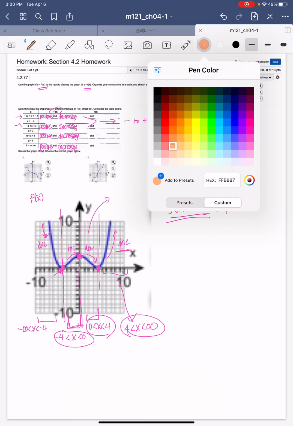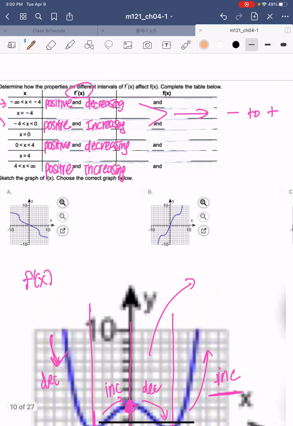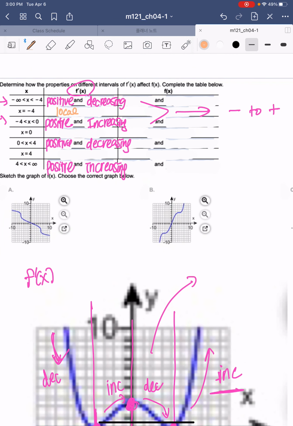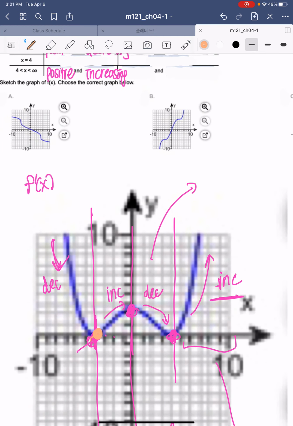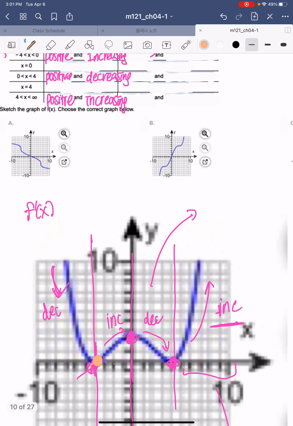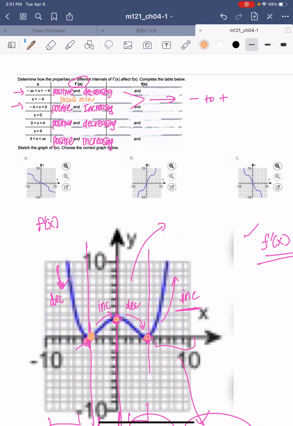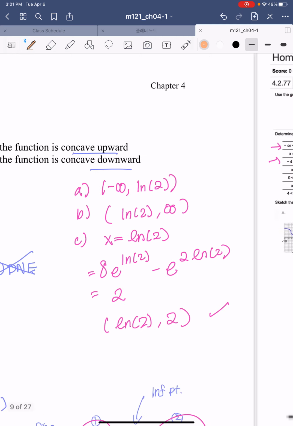Just going to use a different color. Local min. And this does look like our minimum point, smallest point, lowest point on the graph. Same thing here. You can kind of see that this is also going to be a local min, and then this is a local max. But let's check. Increasing to decreasing. Change in the concavity.